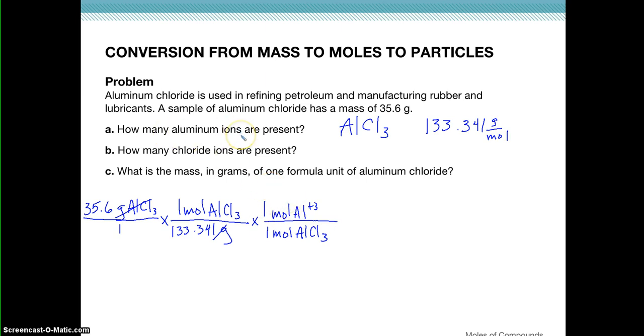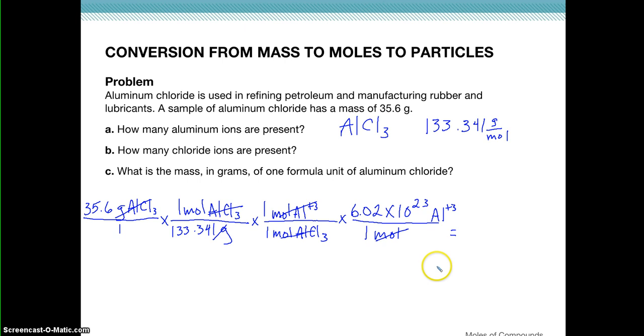To get from moles to the number of actual particles, we use Avogadro's number. So there are 6.02 times 10 to the 23rd aluminum ions in 1 mole. So our moles cancel here, and now we know how many aluminum ions are present in that mass of aluminum chloride.